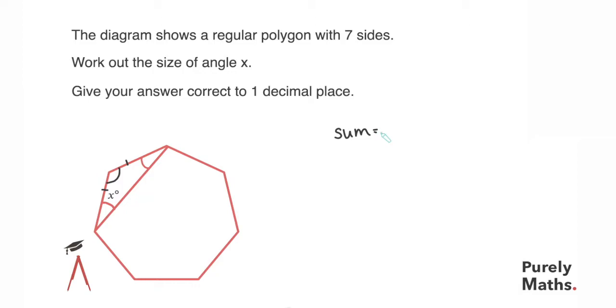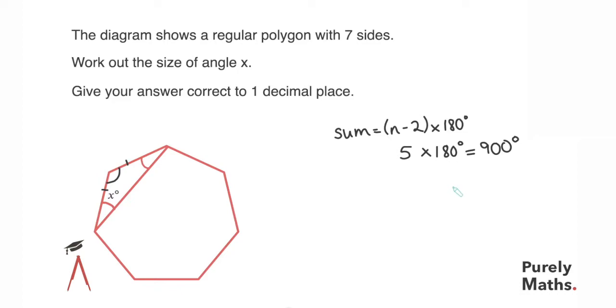So the sum is equal to n minus 2 multiplied by 180 degrees. We've got 7 sides, so n take away 2 is going to be 5. So 5 times 180 degrees equals 900 degrees. So all 7 angles add to make 900.